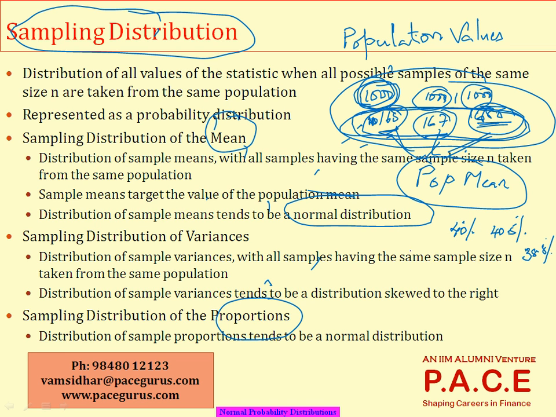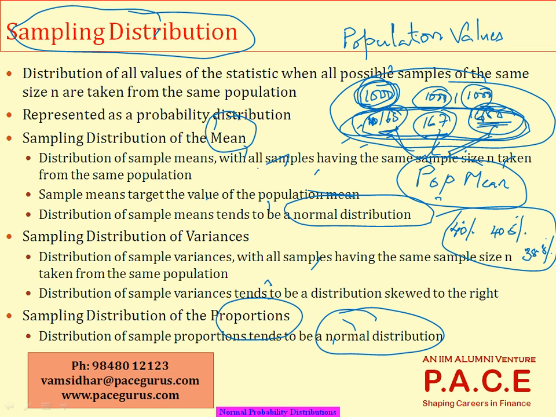These are the various possibilities that we have got. So the distribution of the proportions of each of the different samples is what we call the sampling distribution of the proportions. And what is also observed is that even the sampling distribution of the proportions will follow a normal distribution.